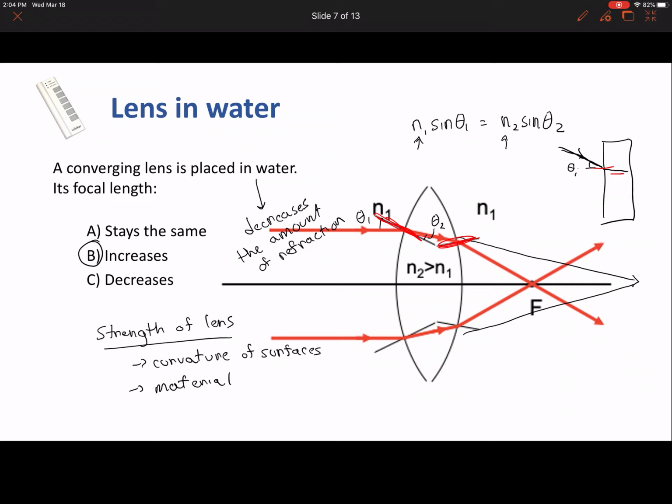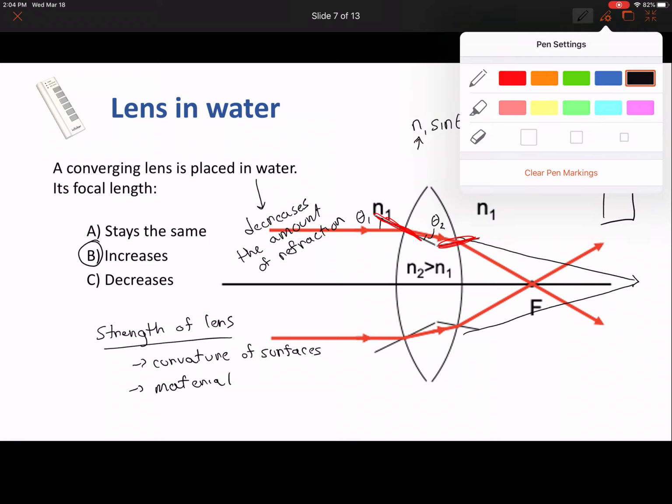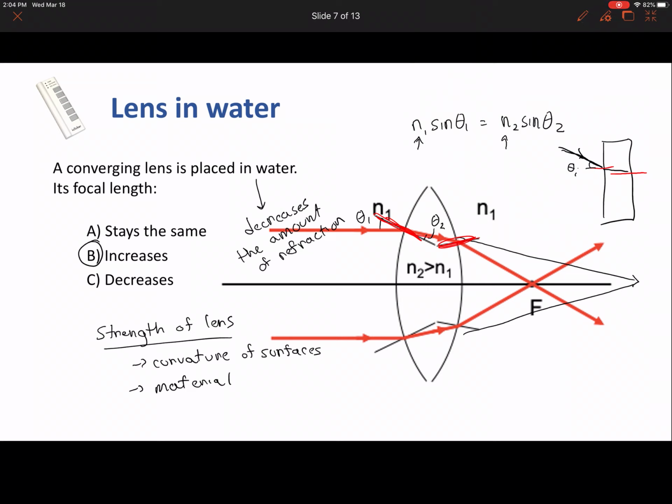It's going to come over here, hit the second surface. Now the normal at the second surface is the same direction as the normal at the first, and so it will actually end up coming out at the same angle it went in at. It'll just be shifted a little bit, because Snell's equation works the same here as it does here. Not true for a lens because the normals are at different angles to one another at the two surfaces.